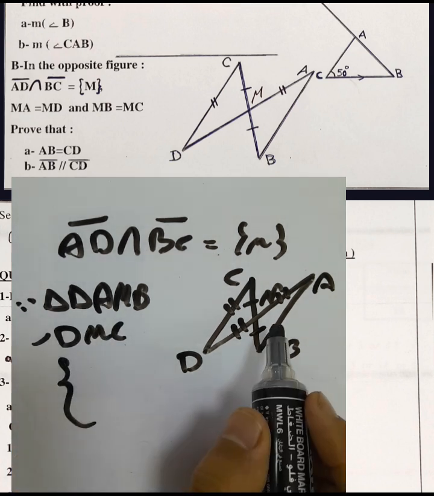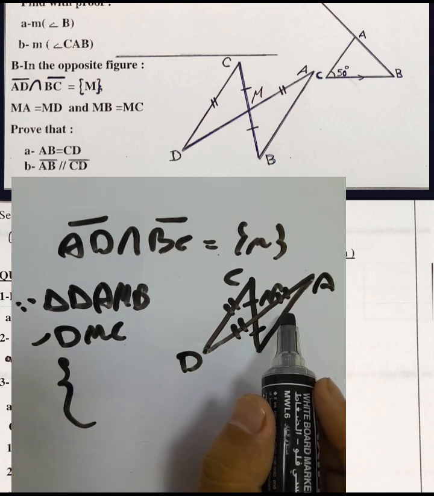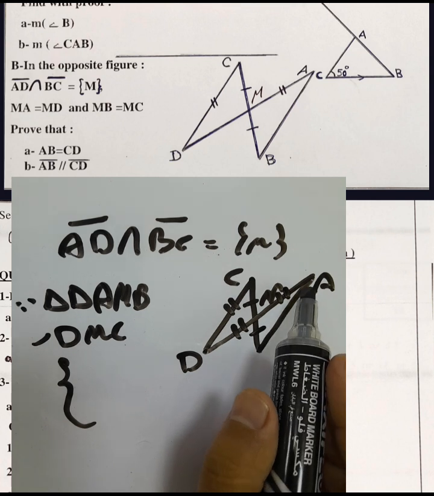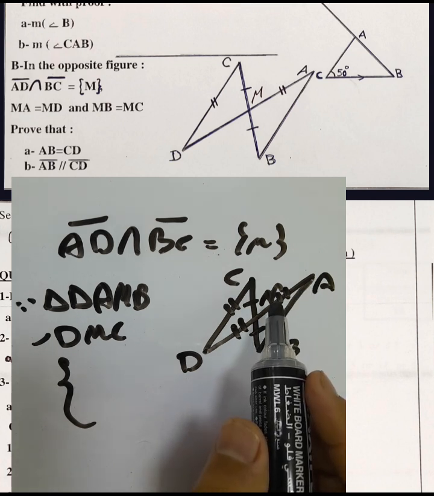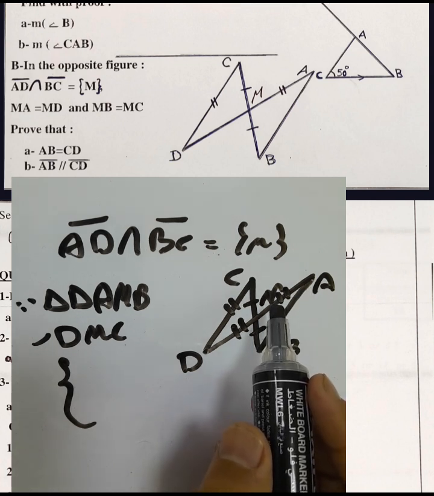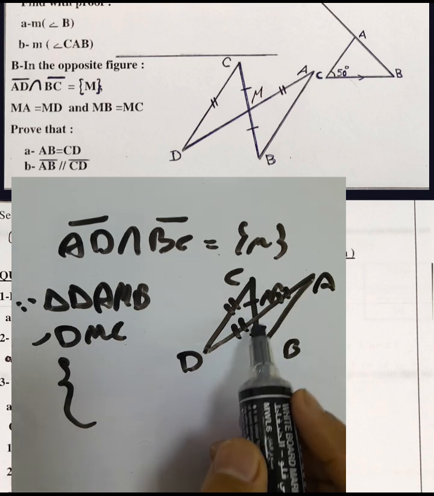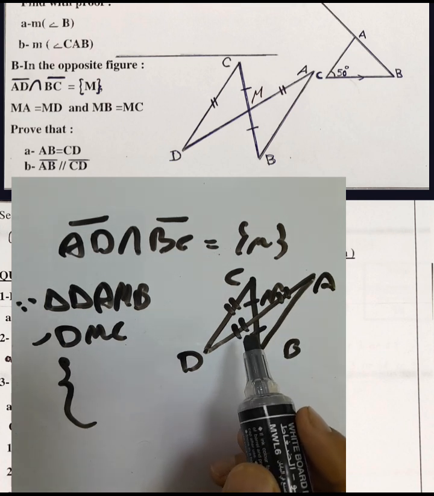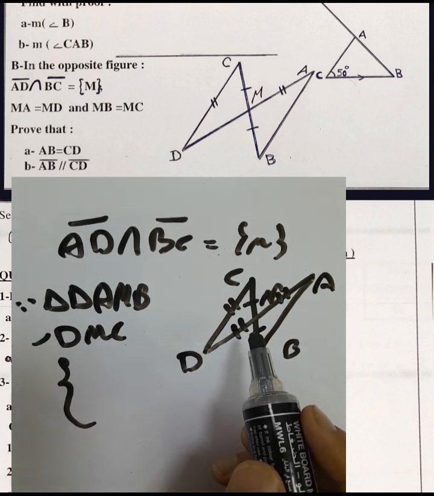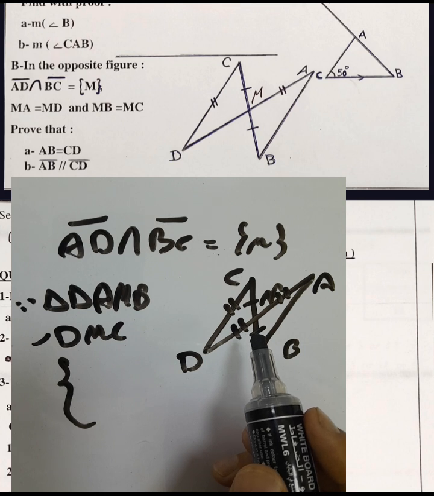he gives us in the example AM equal to MD, and MB was equal to MC.